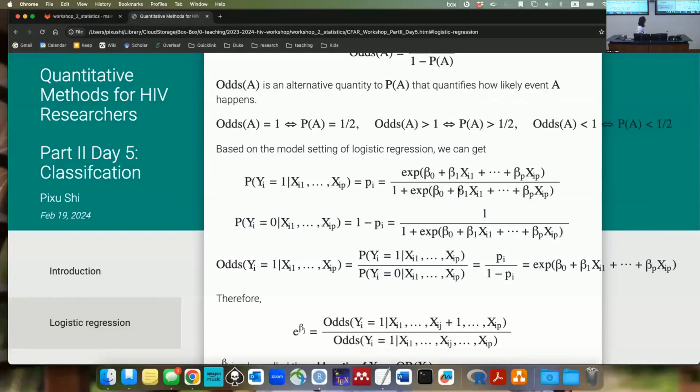And if you take the ratio of those two, you have the odds, which is P over 1 minus P. That is exactly the exponential of the linear combination of the predictors. And if you take the log on 2 sides, you have the log odds, which is the linear combination of the predictors. Does that connect?